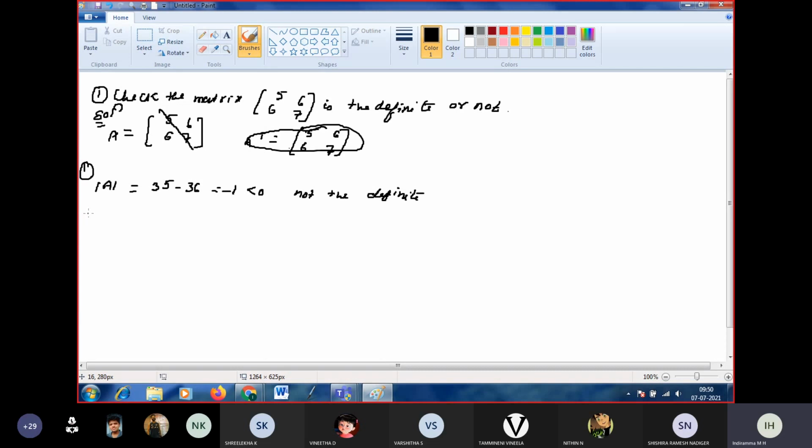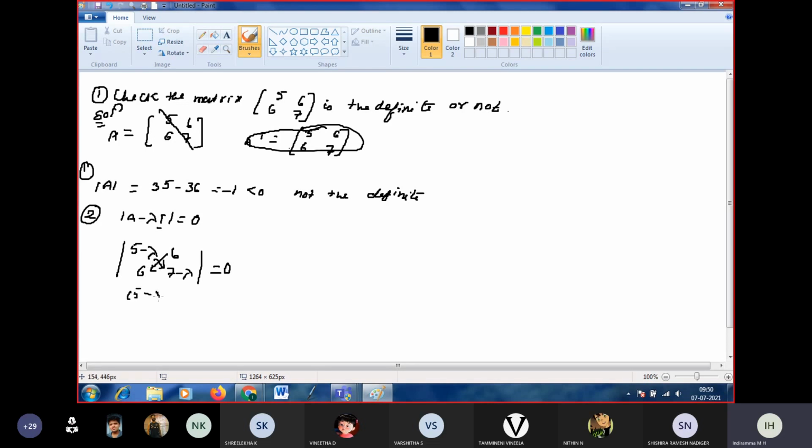Second test, we have to find out the eigenvalues. All the eigenvalues should be positive, correct? So how to check the eigenvalues? First consider the characteristic equation, A minus lambda I is equal to 0. A minus lambda I means 5 minus lambda, 6, 6, 7 minus lambda is equal to 0. Find out the determinant value.